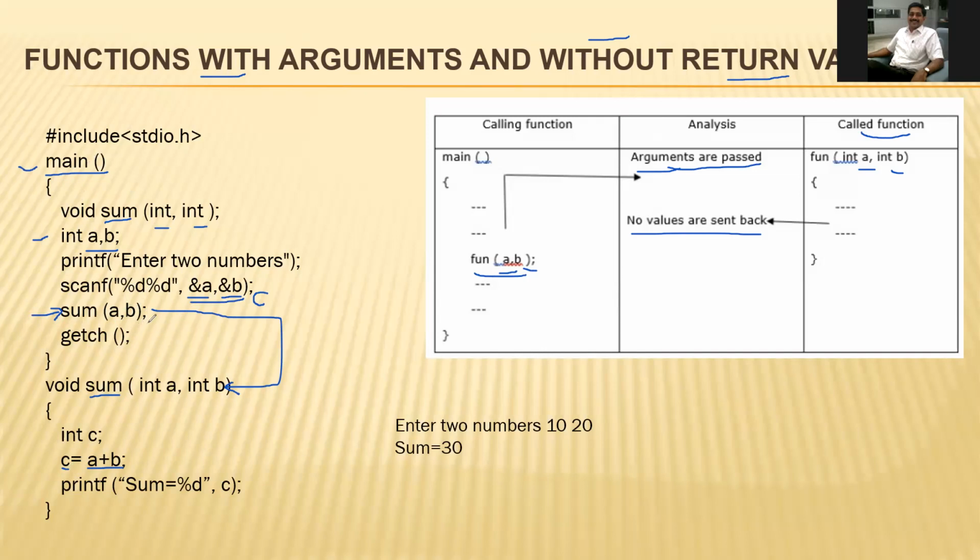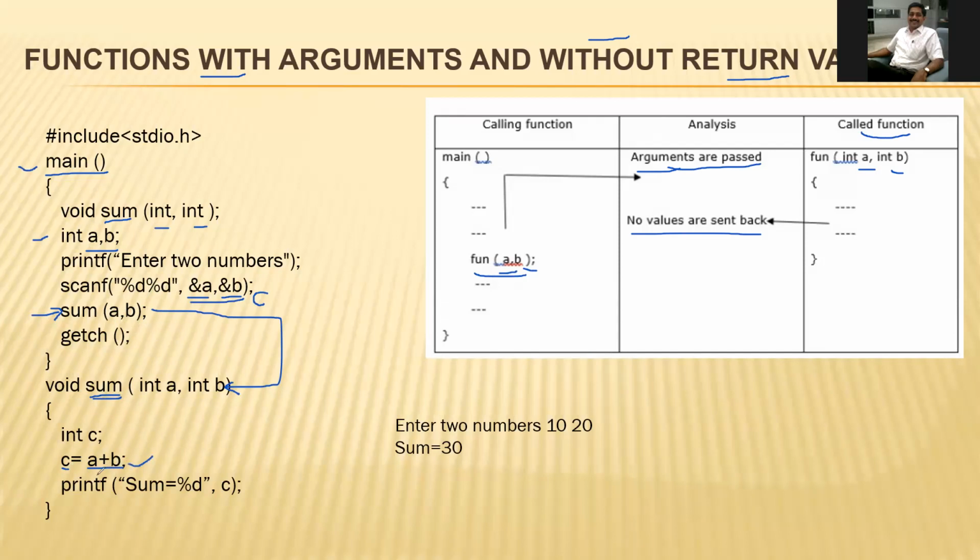The values of A and B are taken in the main function and passed to the sum function. The sum function takes these values given from the main function.